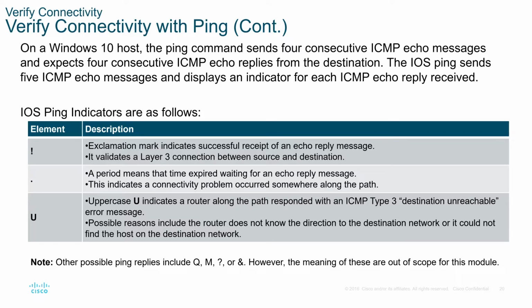Possible reasons for this would include that the router does not know the direction to the destination network, or it cannot find the host on the destination network. Some other possible replies would include Q, M, question mark, or the ampersand. However, the meaning of these are out of the scope of this particular module.